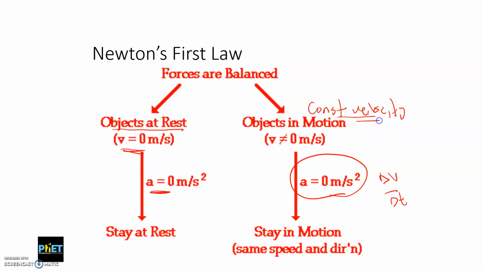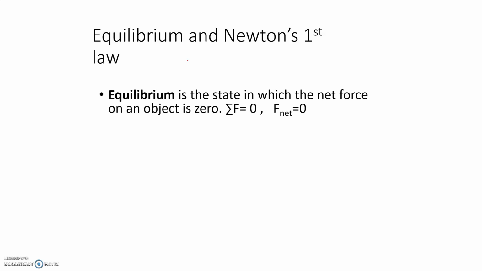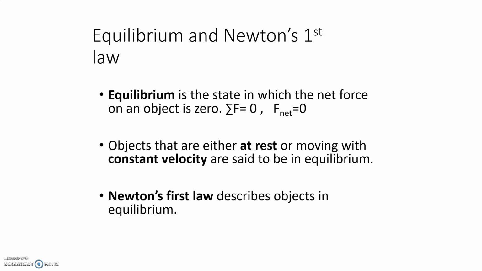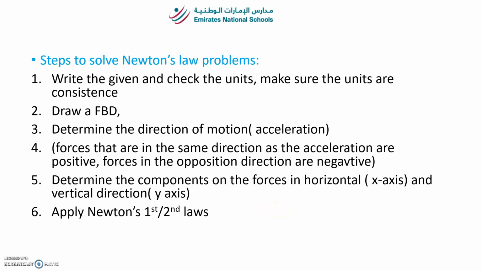Since the velocity is the same all the time, there is no acceleration. So it's in Newton's first law. This represents equilibrium, or balanced. All the forces are balanced, whether to the right or to the left. So Newton's first law describes objects in equilibrium.